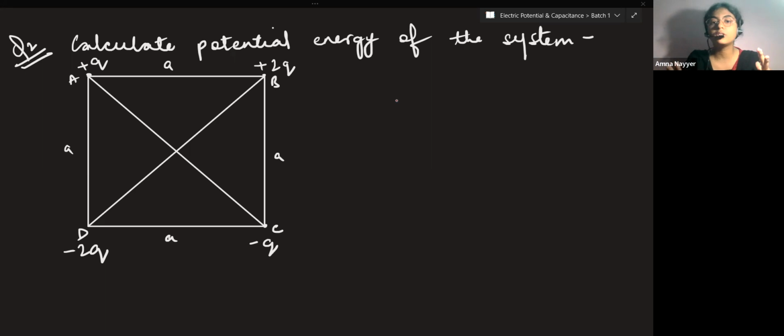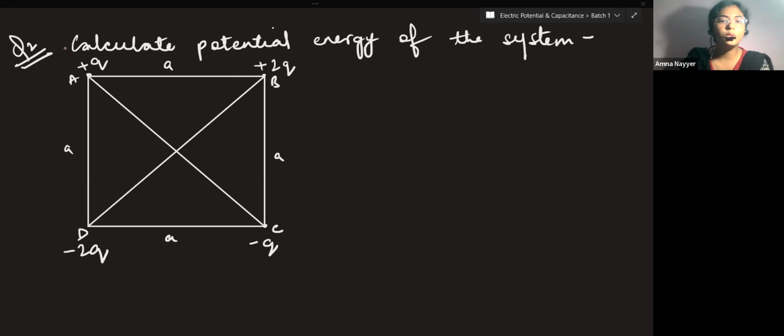The total energy possible in this is 6. After 6, no other energy is possible. 4 energies because of the sides of the square, and 2 energies diagonally. Now all the energies are covered. 6 energies are possible. So you have to consider all the energies that are possible if it is talking about the potential energy of the system.